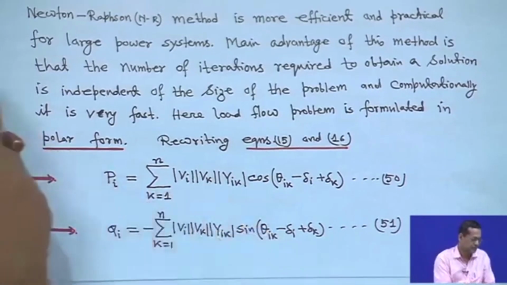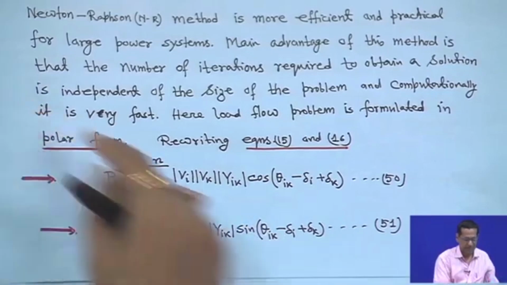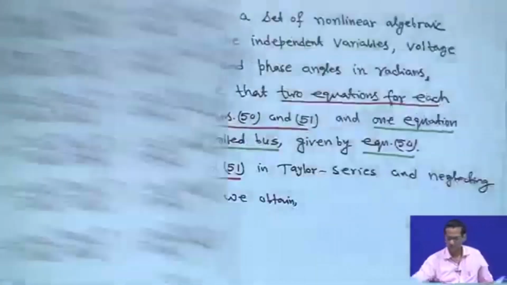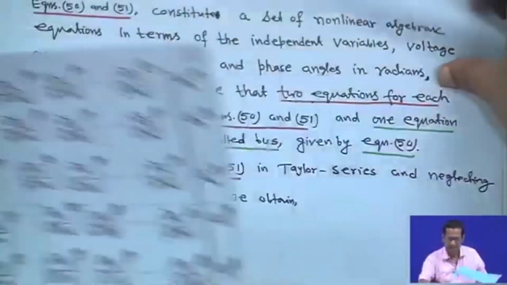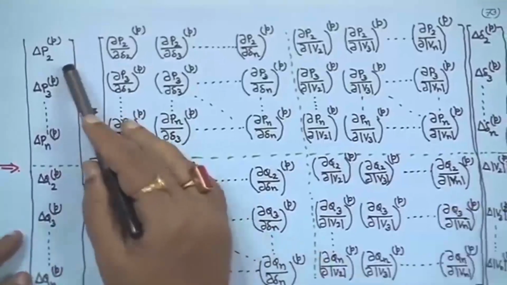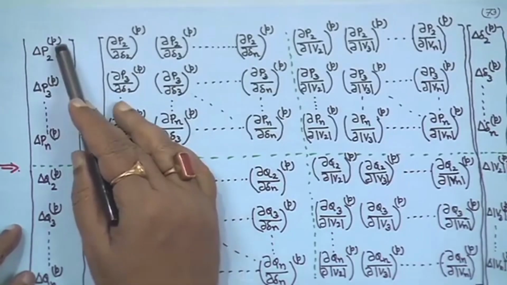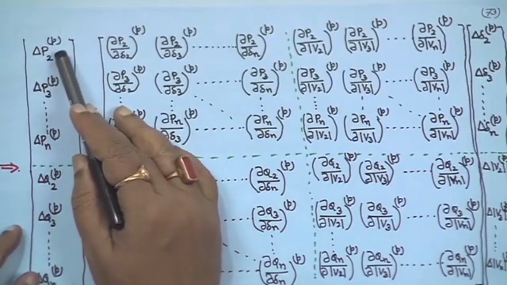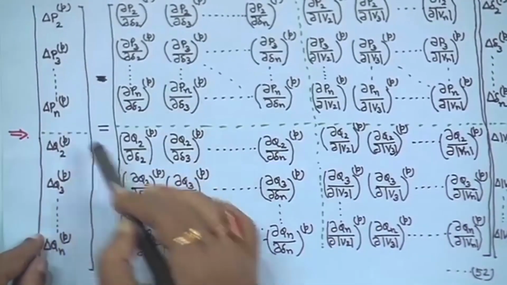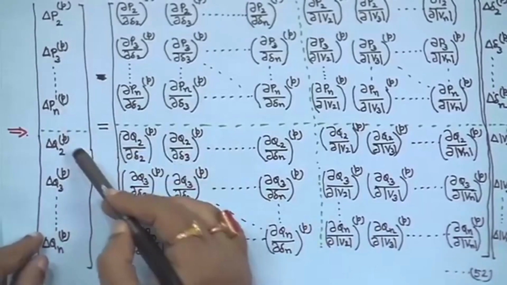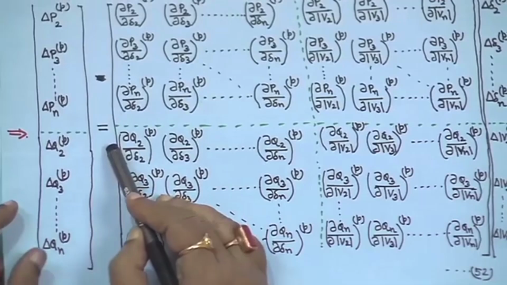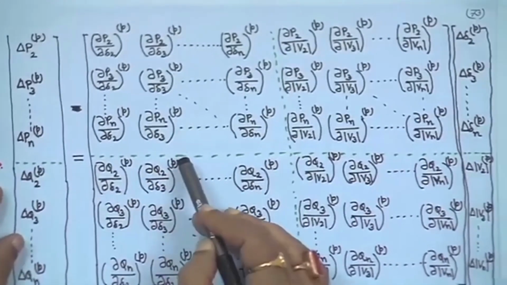In that case, if you expand this and neglect higher terms in the Taylor series, the mathematical form will be something like this, right. If bus 1 is the slack bus and p is the iteration count, it will be ΔP_2^p, ΔP_3^p up to ΔP_n^p, this is the ΔP part, then there is the mismatch ΔQ_2^p, ΔQ_3^p up to ΔQ_n^p, equal to, right, look at this matrix.